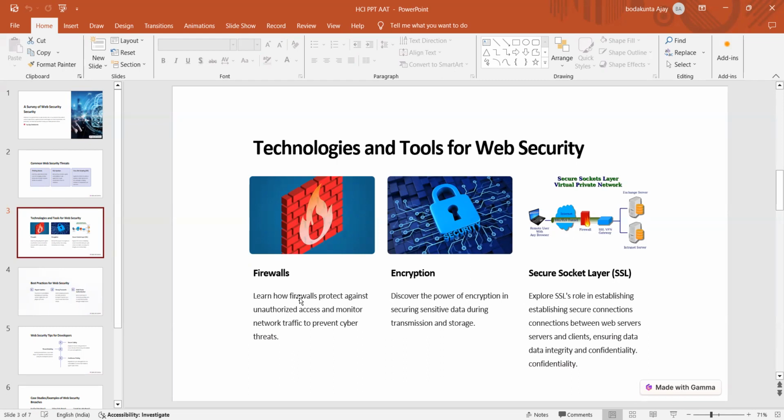While establishing the connection between these two, secure socket layer is very useful, like in virtual private networks, VPNs. These will have a firewall, an SSL and TLS tunnel, and a gateway also.